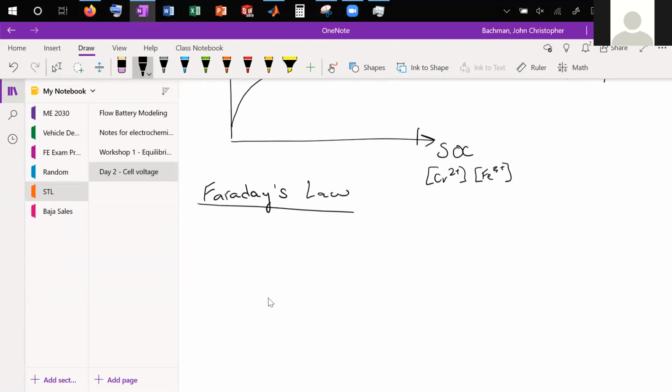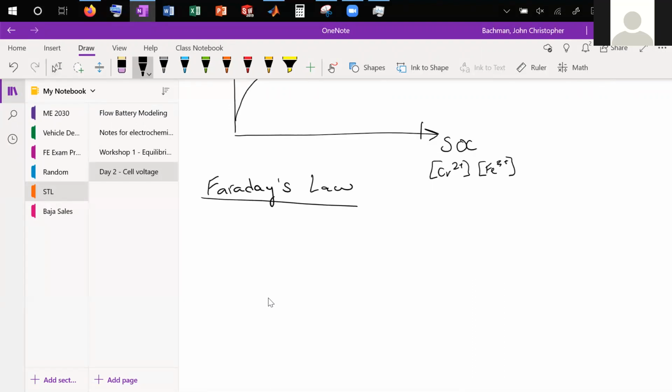This is basically being able to relate charge to moles, using Faraday's constant. You could say that the amount of charge is going to be equal to the number of moles, which you could either put as moles or as mass over molecular weight.